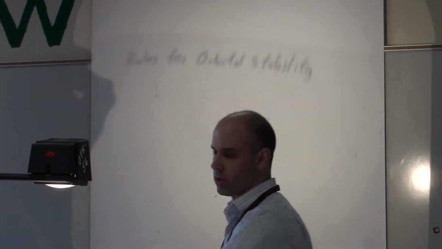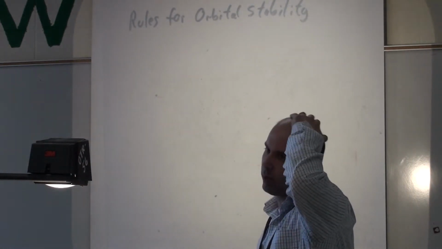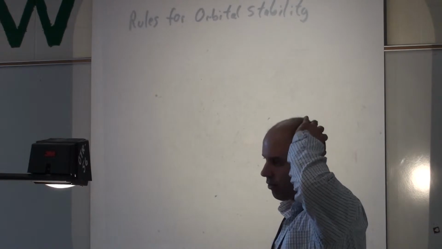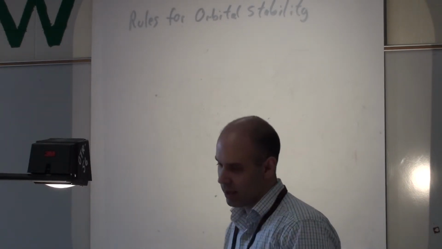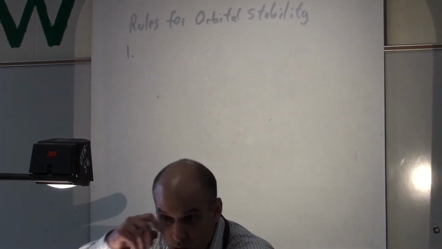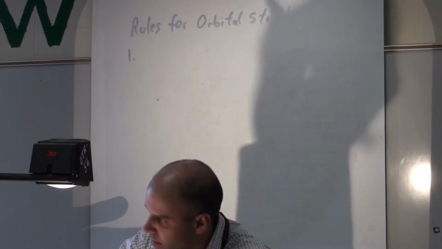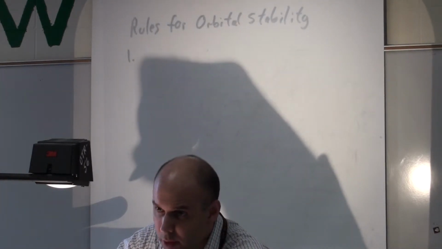Okay, rules for orbital stability. And really, this is one of the big things of why we studied quantum mechanics. If you forget everything else, Ailish, this is one of those things to remember. We're going to use these rules to predict charges for things. The rules go in order of importance.